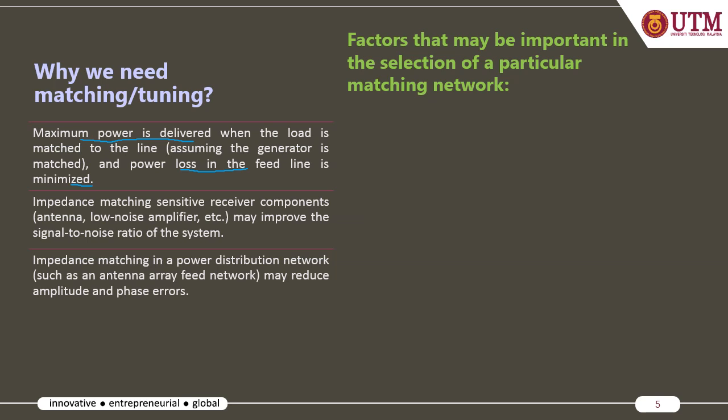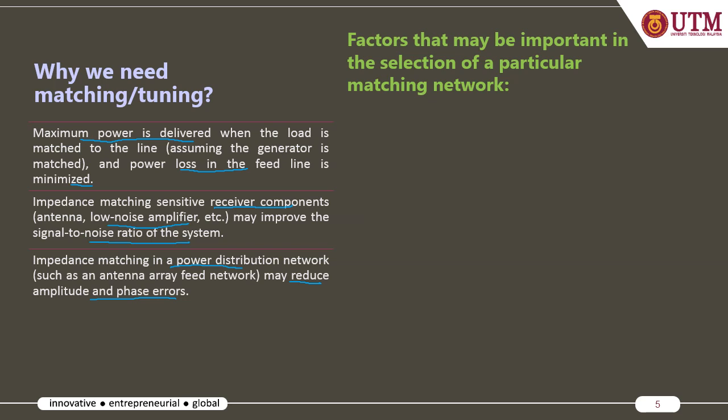Besides that, impedance matching in sensitive receiver components such as antenna and low noise amplifier can improve the signal-to-noise ratio of the overall system. And impedance matching in power distribution may reduce amplitude and phase error. So it can improve the signal-to-noise ratio and reduce the error in amplitude and phase as well.